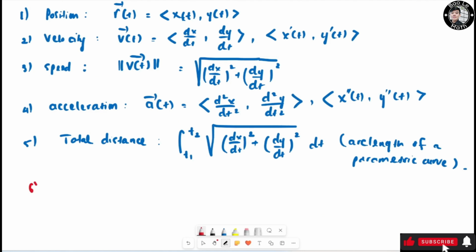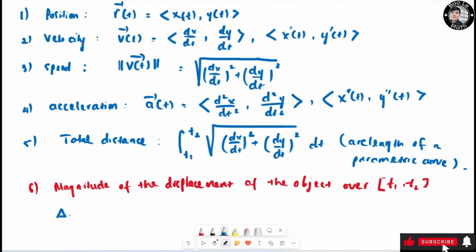Now, number 6, we're going to talk about the magnitude of the displacement of the object over the time interval t1 to t2. We need to calculate delta x equals the integral from t1 to t2 of dx over dt times dt, right?